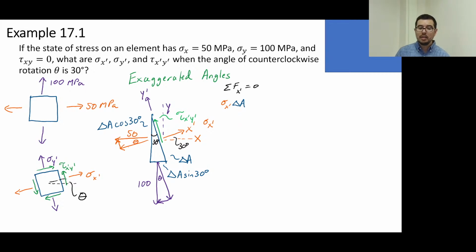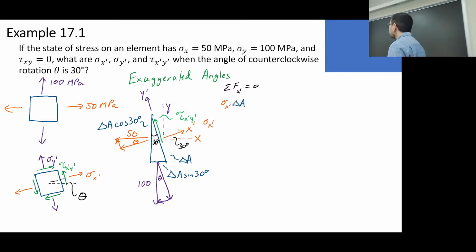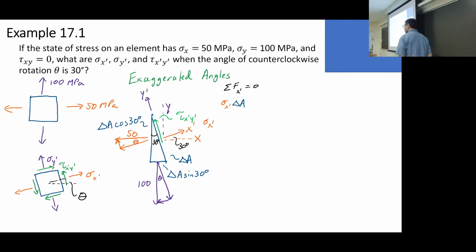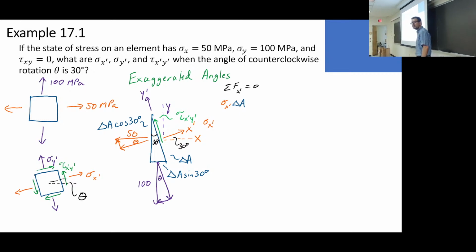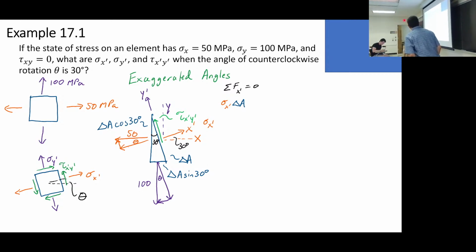Okay? So you tell me, what expression do I write next for the 50 megapascal, for the sigma x? Yes. Okay, 50 delta A cosine 30 degrees, yes, times another cosine of 30 degrees, yes.